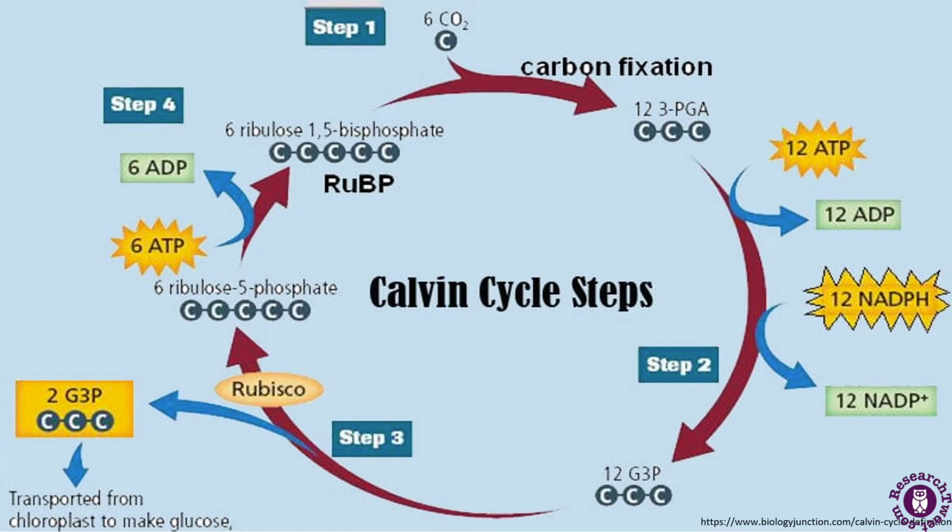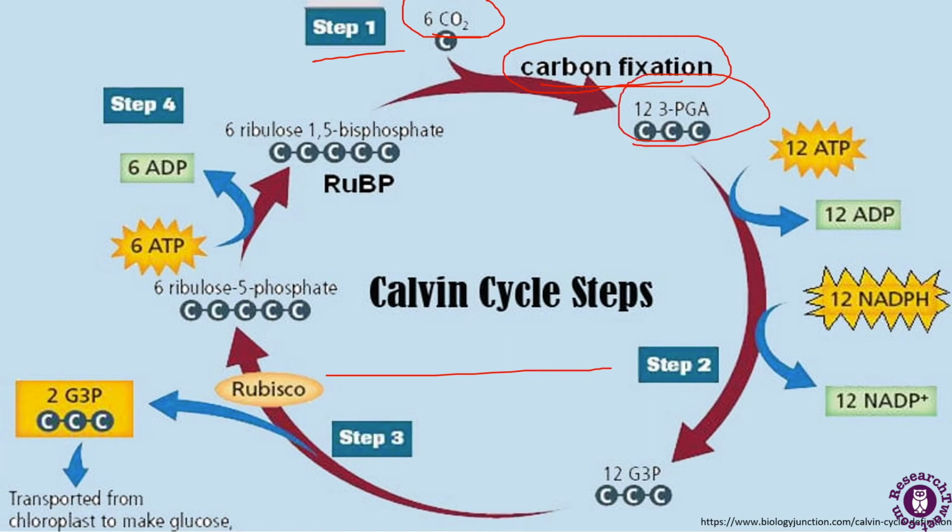Here is a picture depicting how a C3 or Calvin cycle is shown. There are basically 4 steps in the Calvin cycle. The first step is carbon fixation. We have discussed the carbon fixation. It requires 6 CO2 molecules, which will convert 12 molecules of 3-PGA, that is phosphoglycerate.